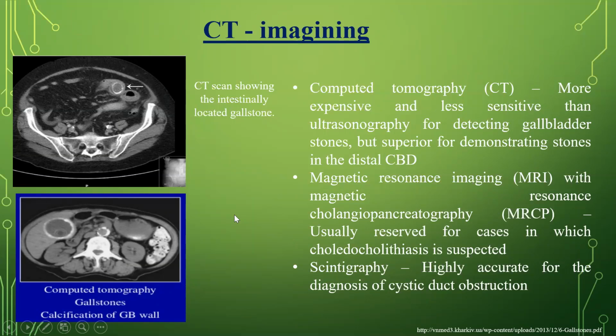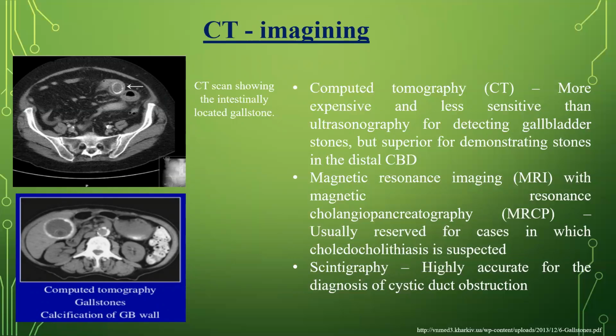And on this CT, you can see calcification of the gallbladder wall due to chronic inflammation, a porcelain gallbladder, and in the lumen of the gallbladder you can see a gallstone. MRI can be used in the regimen of cholangiopancreatography and is usually reserved for cases in which choledocholithiasis is suspected.